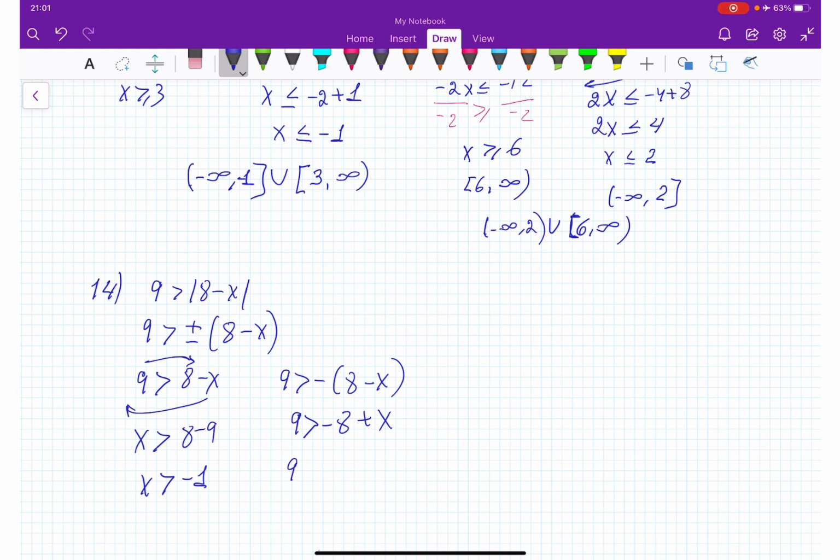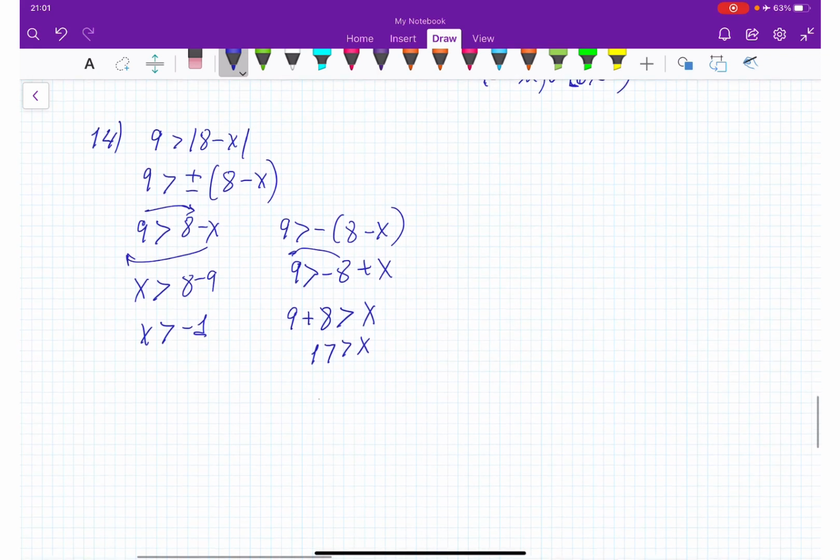So 9 plus 8, I'm moving 8 on this side, greater than x. So 17 greater than x, or we can say x is less than 17. Remember, if we have 3 greater than 2, then we can say 2 is less than 3. Okay, x less than 17.